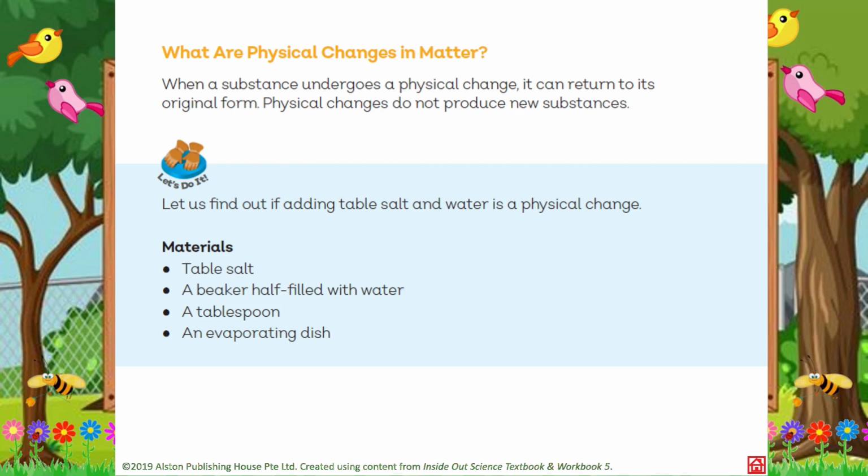A rotten banana will be rotten, and you cannot bring back a rotten banana into a fresh yellow banana. As well as the paper, if you burn the paper, you cannot turn that ash back into paper once again. So they cannot go back to their original form.